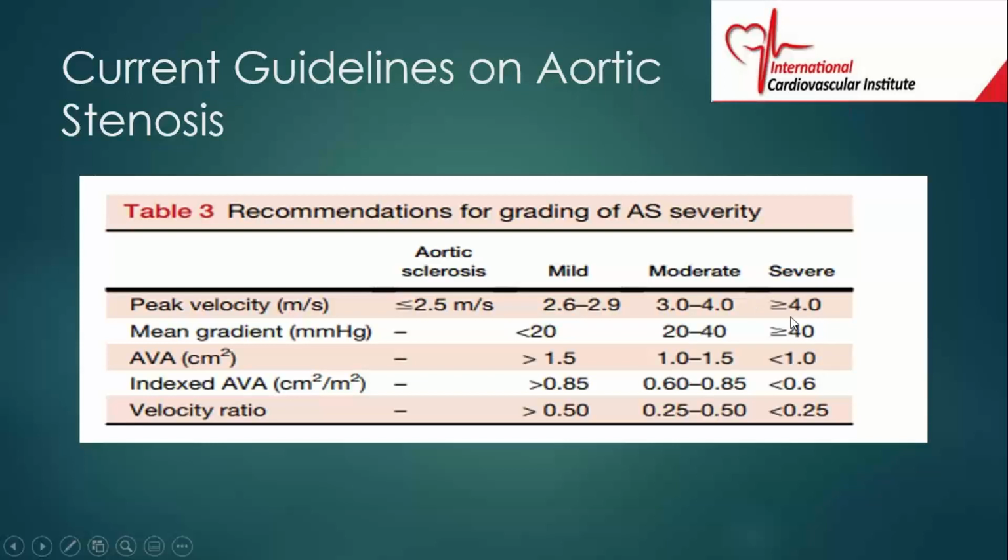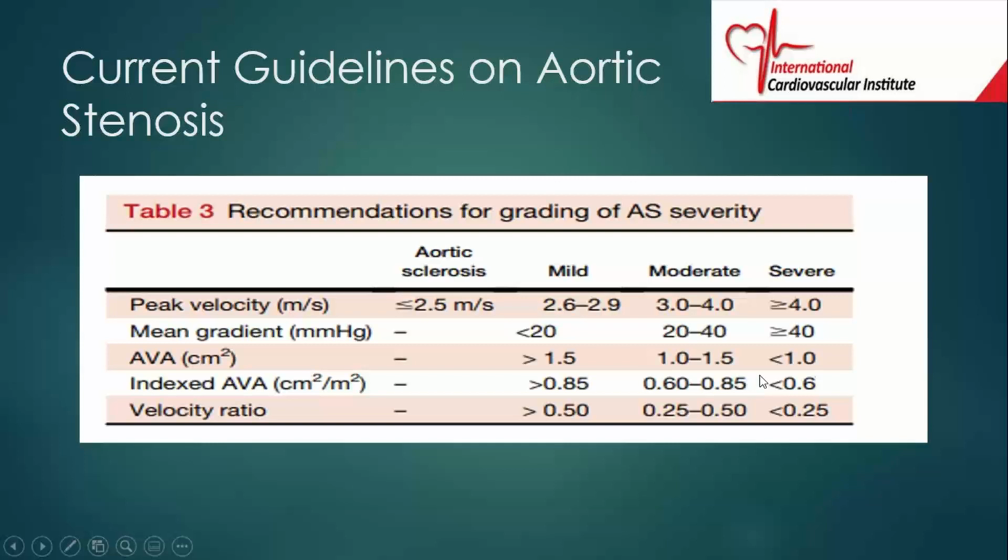And in the absence of increased flow across the valve, then this is severe aortic stenosis. So all you have to do now is to correlate symptoms and signs with these numbers, and then you come up with, is this real severe aortic stenosis?